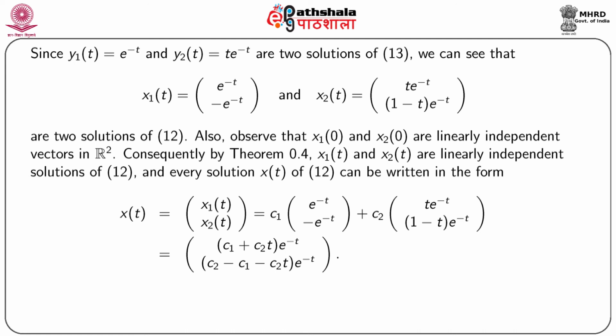Hence, its solutions are e^(-t) and t e^(-t). Since these are two solutions of (13), it can be seen that x1(t) = (e^(-t), -e^(-t)) and x2(t) = (t e^(-t), (1 - t) e^(-t)) are two solutions of (12).